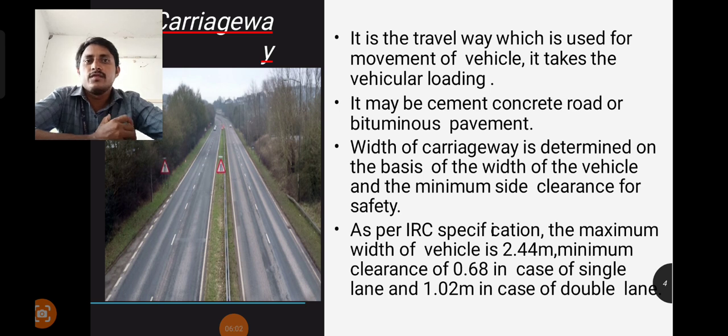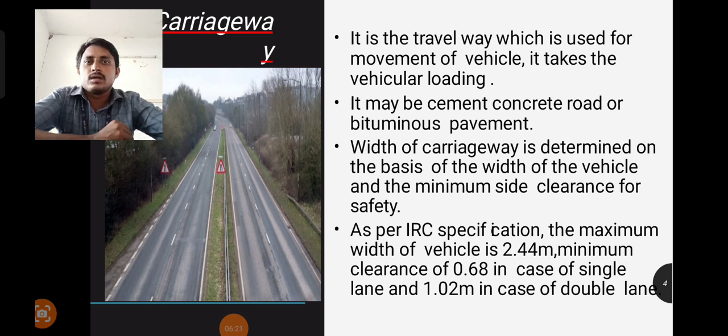It takes vehicular loading, which means the road is used for movement of vehicles. Not only movement of vehicles, it is also used by people, but the carriageway is especially used for the movement of vehicles only.